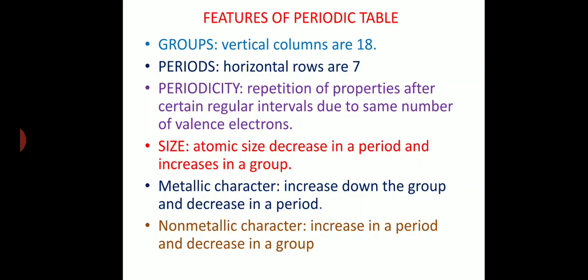Hence, the more the attraction, the less the size. Metallic character increases down the group, and non-metallic character decreases down the group. Non-metallic character increases from left to right and decreases from top to bottom. So this table consists of metals, non-metals and metalloids.